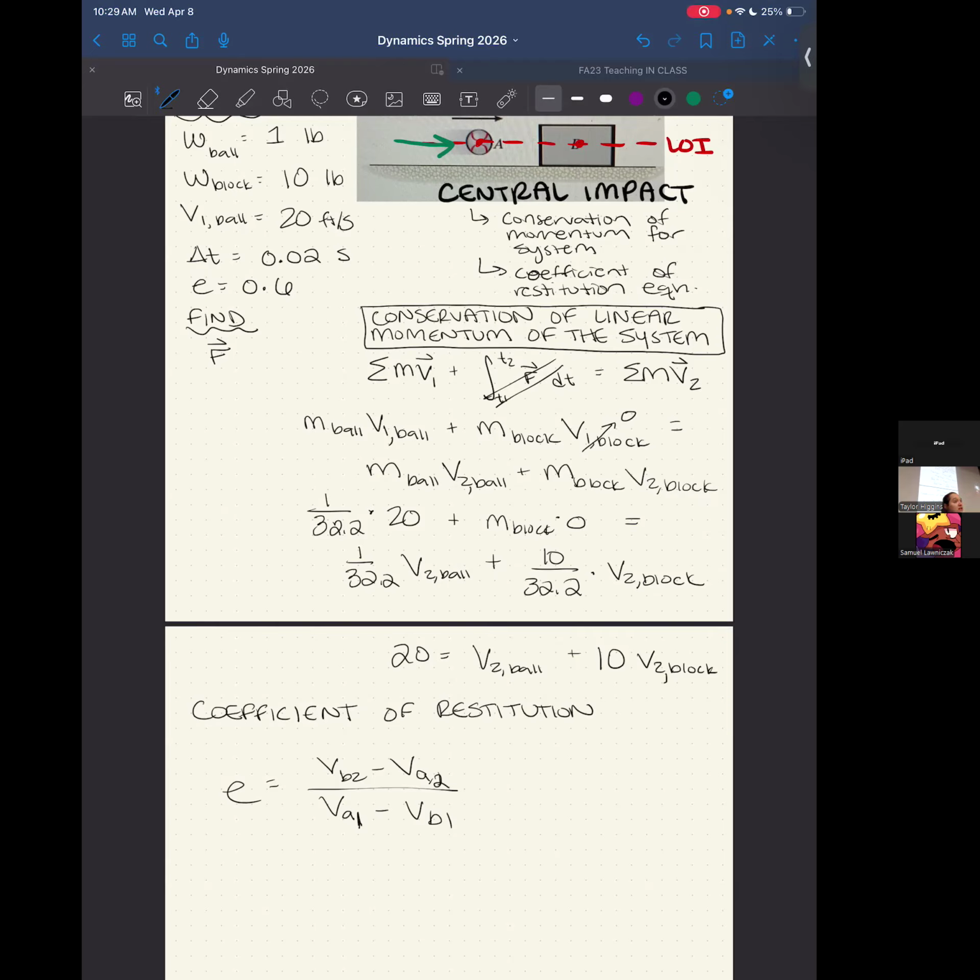E just tells you how much energy was lost. So if we have an E of 0.6, then 0.6 of the energy was retained. So perfectly elastic, you have exactly the same amount of energy going in as going out. E equals 1.